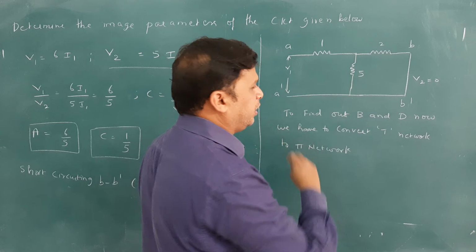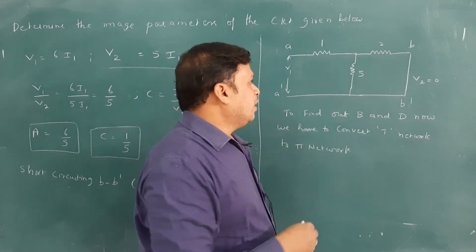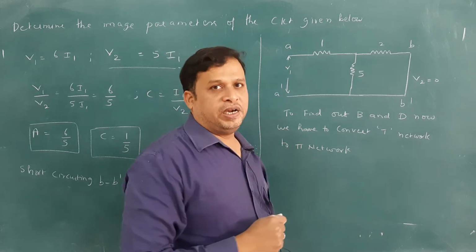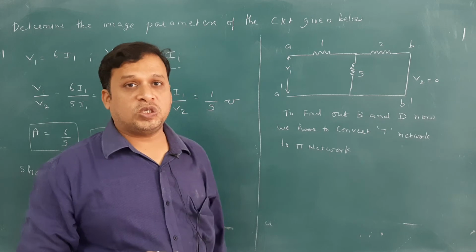By converting the T network into a pi network, it will be very easy to find the parameters B and D. So we will convert this T to pi network. Pi network is also called the delta network.